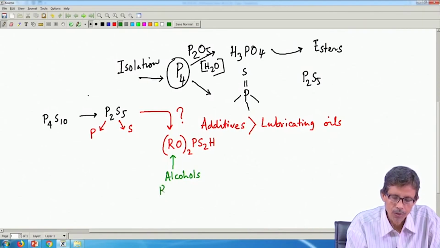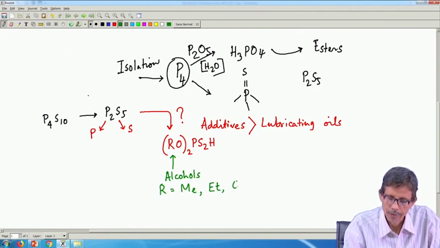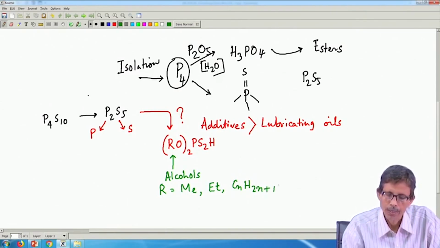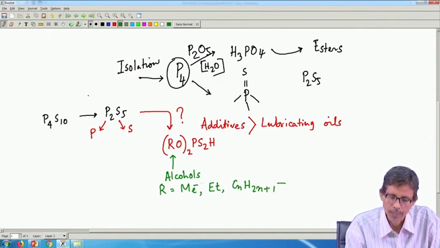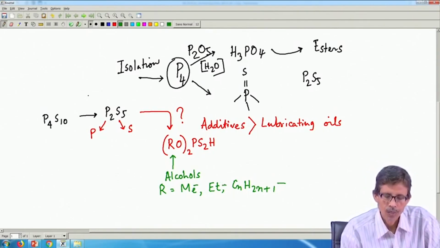That means your R can be methanol or methyl alcohol, it can be ethanol or ethyl alcohol, or a very long chain alcohol such as some number of N values. So, CnH2n+1, the alkyl functions, ethyl, methyl and long chain alkyl functions.